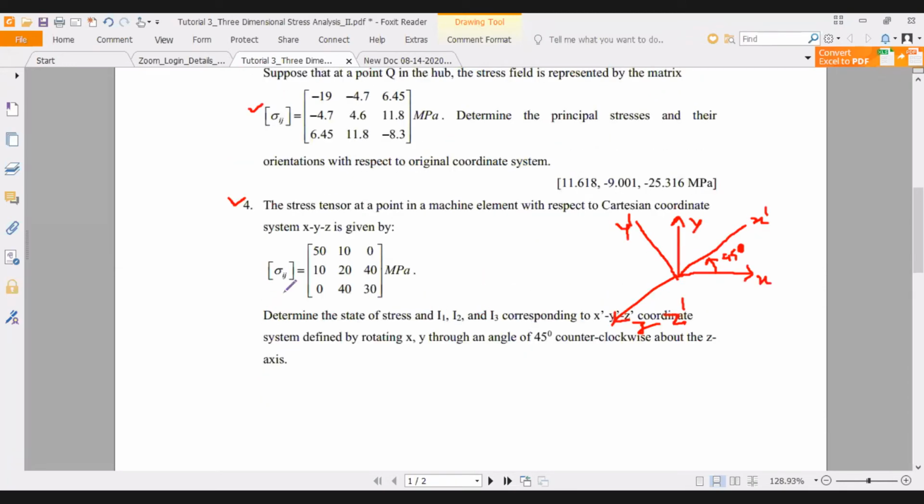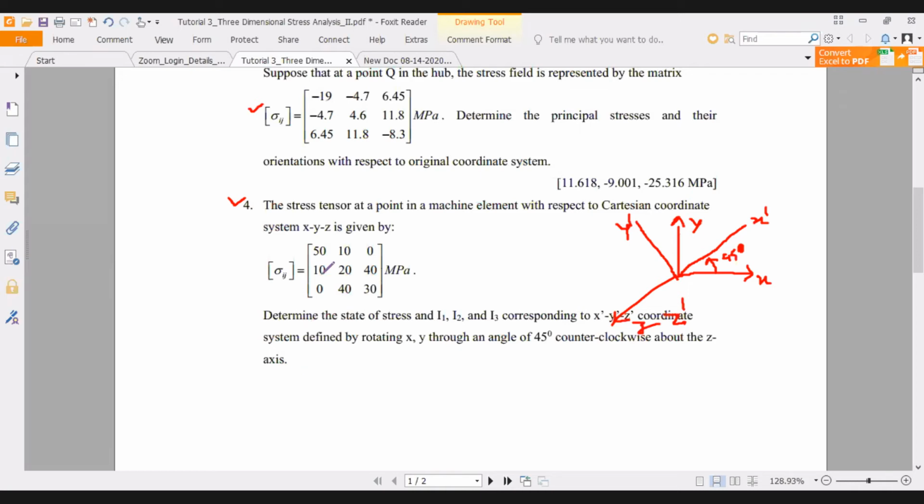So how you will proceed with this kind of problem: you need to relate the stress field from one coordinate system to that of the other coordinate system, and the relation between these coordinate systems is given to you. Here it is given that it is rotating 45 degrees counterclockwise about the z-axis.